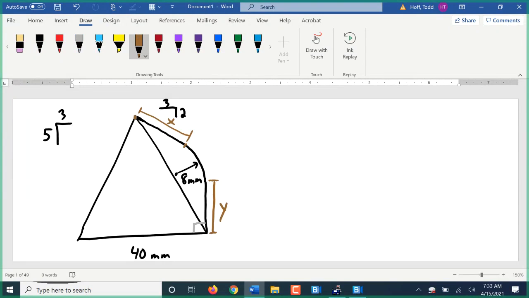So to work on this, there's a lot of different things that have to come into it. But the first thing we usually would see is we have tangents to a circle. For a straight line to flow into an arc, that line has to be tangent to that arc.